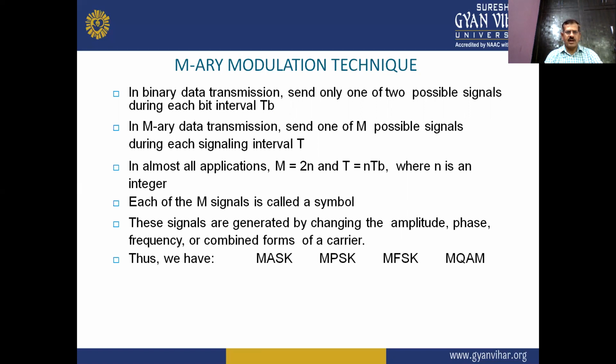Each of the M signals is called a symbol. These signals are generated by changing the amplitude, phase, frequency, or combined forms of a carrier. Thus we have MASK, MPSK, MFSK, and MQAM.